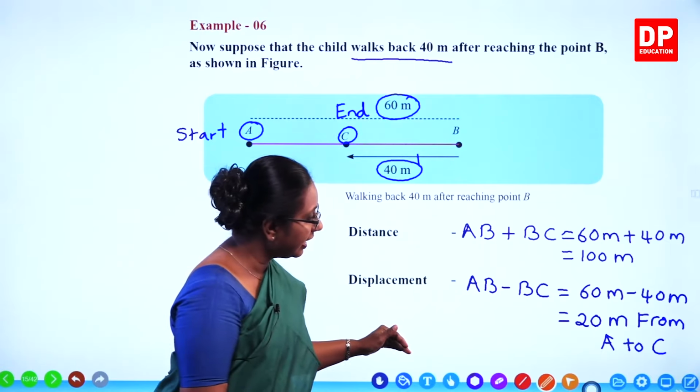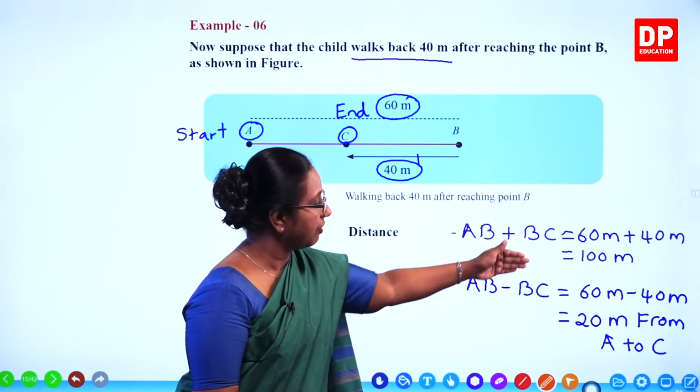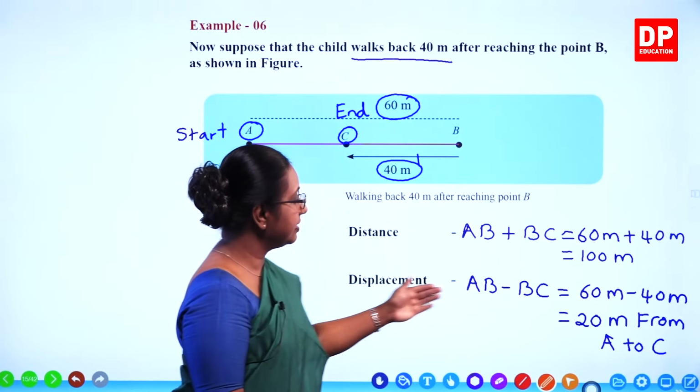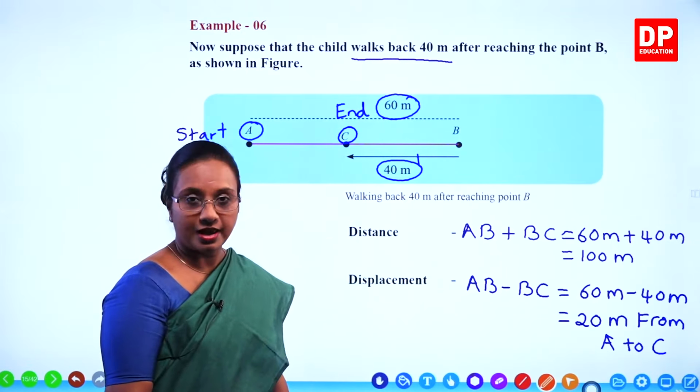As you can see again, the values of the lengths are different, that is the magnitudes are different, and displacement has a direction.